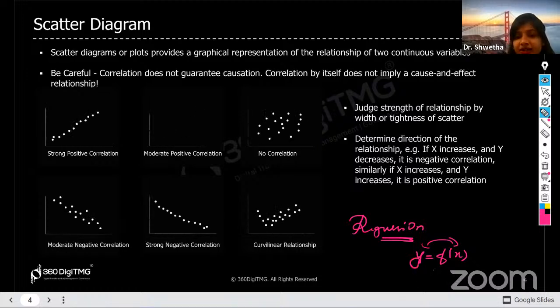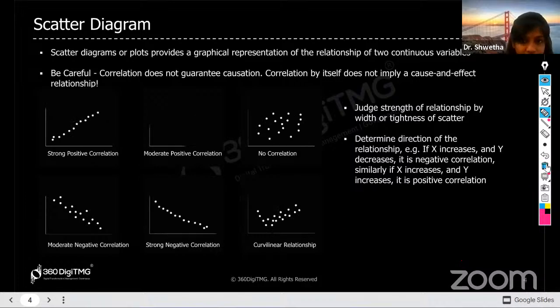So to find that relationship, we first go for a scatter diagram to see if there is any relationship between them or not. But then this is not the complete picture. By using a scatter diagram, you may or may not get the complete picture, but the initial step would be to take a scatter diagram.